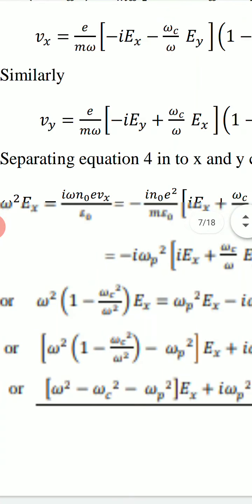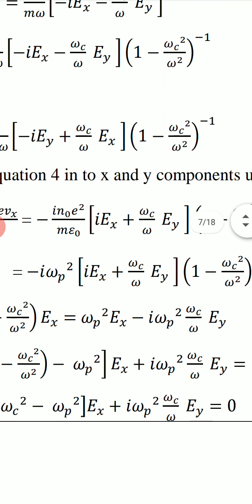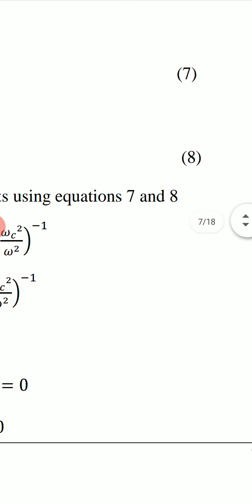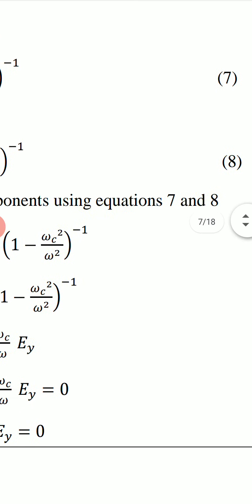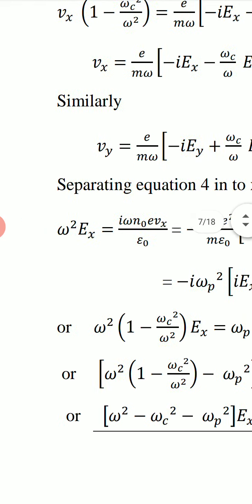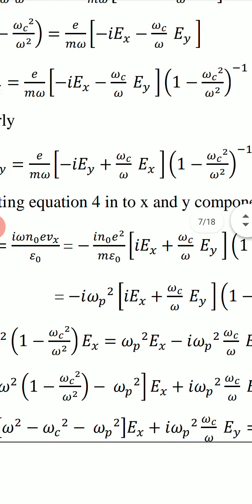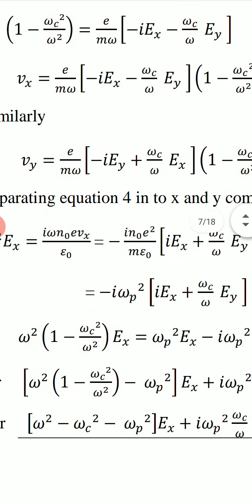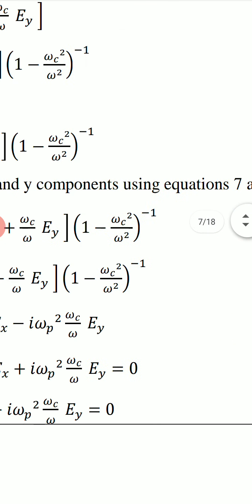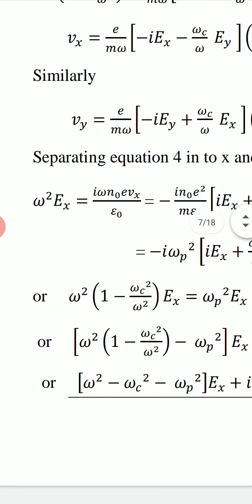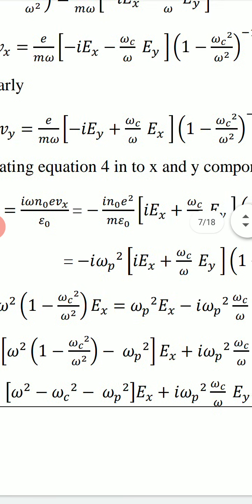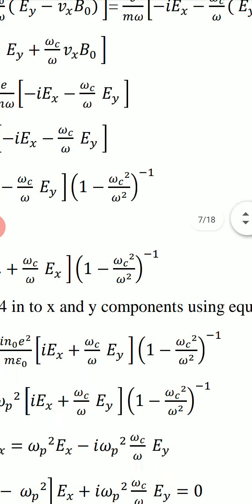Now separating equation 4 into x and y components using equations 7 and 8. These are equations 7 and 8, which give the value of Vx and Vy. And separating equation 4 into x and y components.